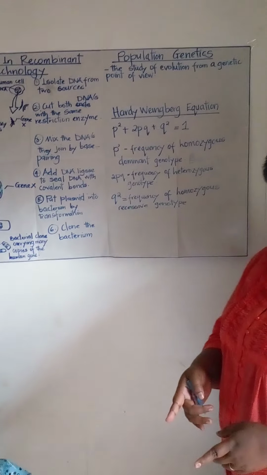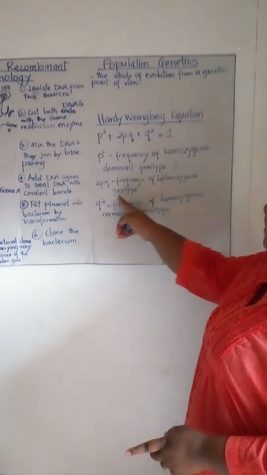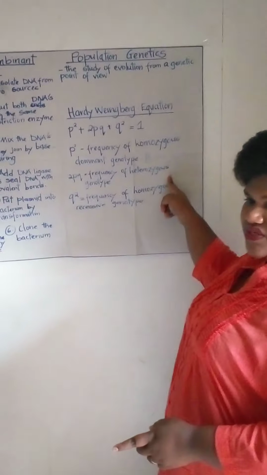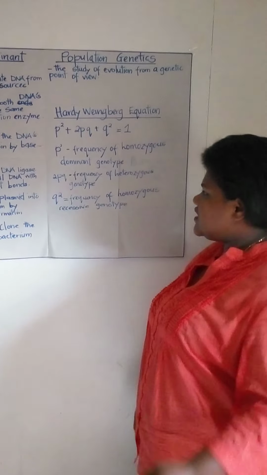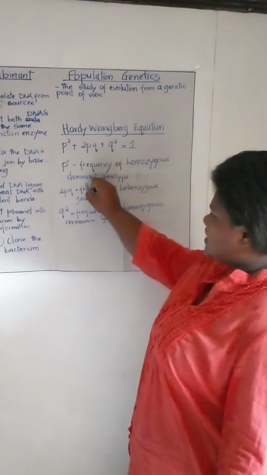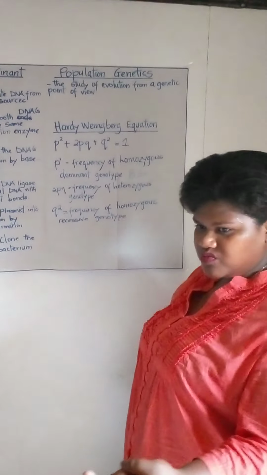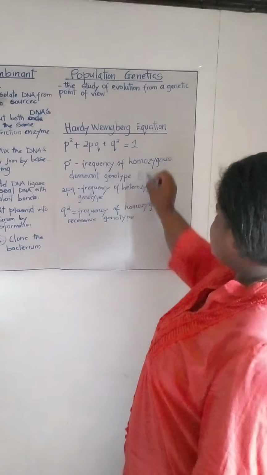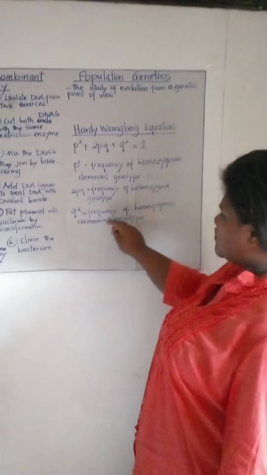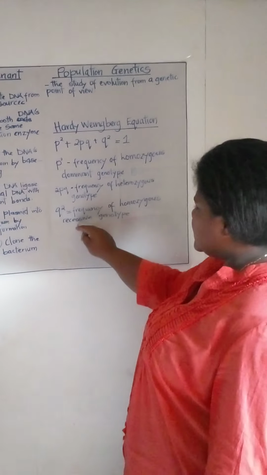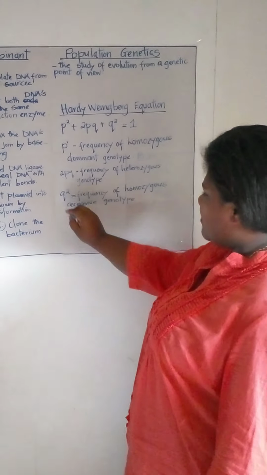Homozygous is the same, from the same allele. And q squared is the frequency of homozygous recessive genotype.